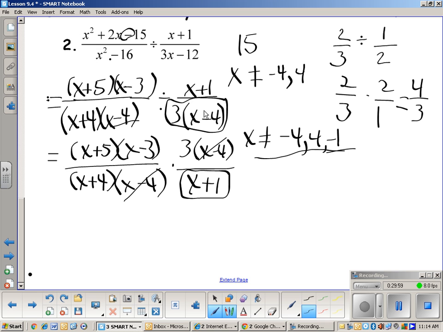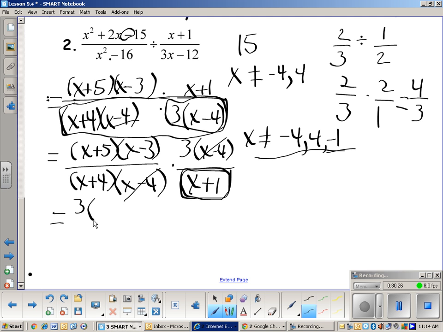But you also have to realize that before you get started, anything that was in the bottom, that's all of these, can create zeros that create undefined terms, so we can't ignore them. And then after we flip it over, we have a new one here that can't be ignored. So you have to add that to your list. Cool. Thank you.